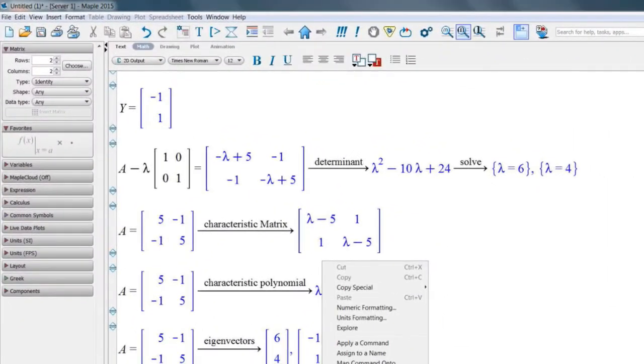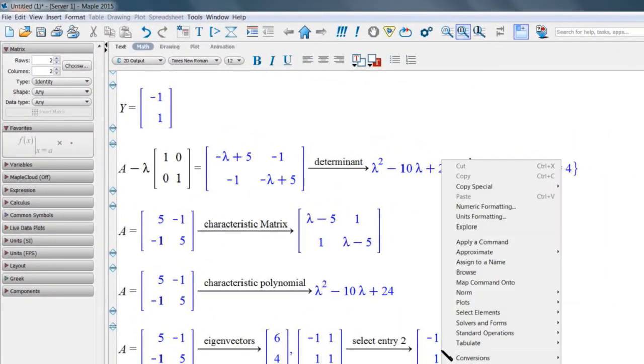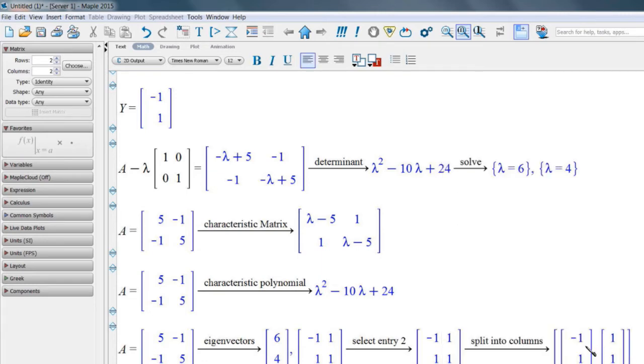So let's grab this matrix, and then up here we say split into columns, and there you have the two eigenvectors. The first component of the eigenvalue vector belongs to the first column of this matrix. The second one to the second column. That's where the idea of eigenpairs comes from. They go in pairs. There's a stretch factor and there's the direction.